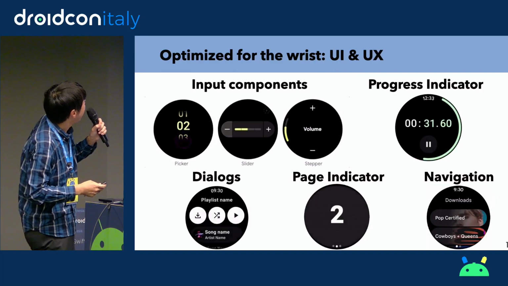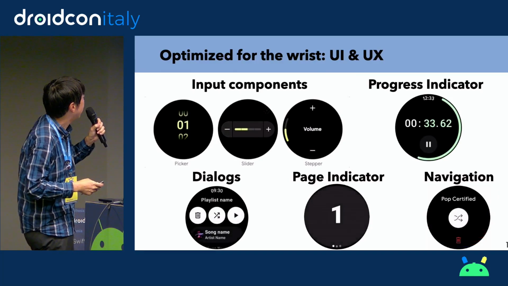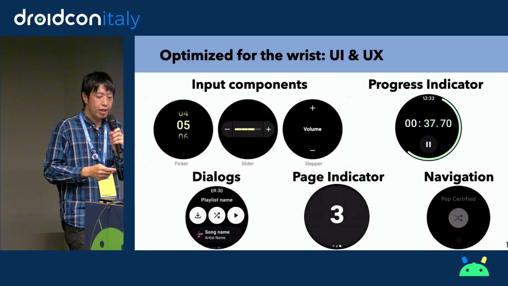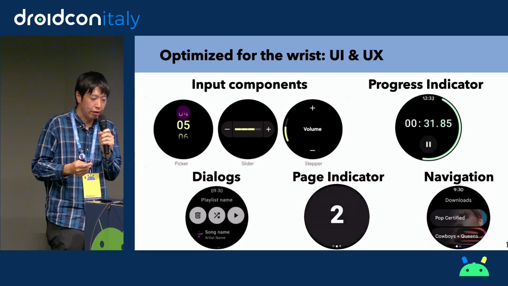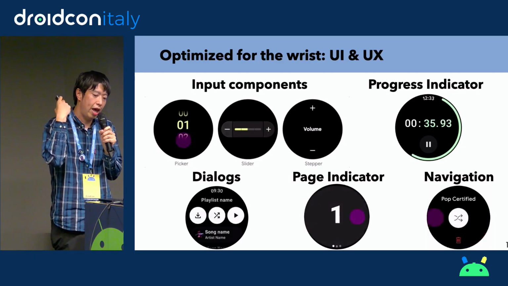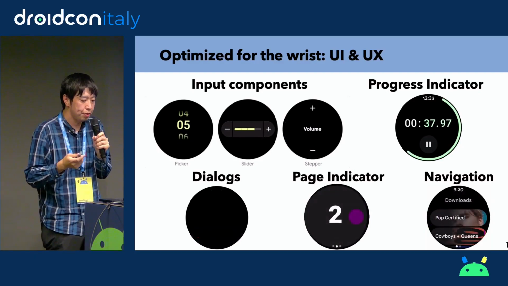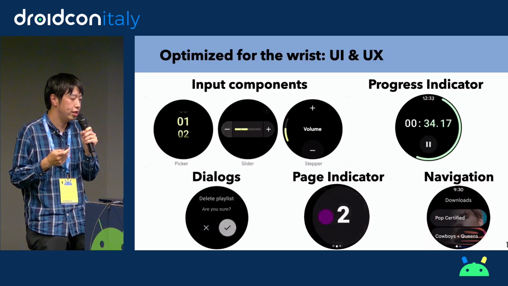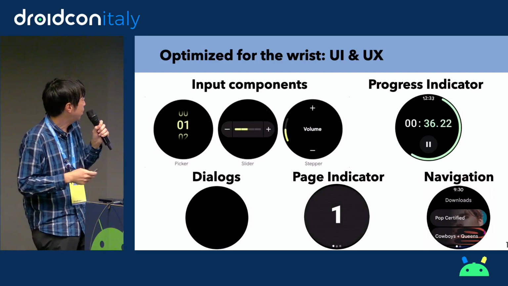In the same way, there are progress indicators, dialogs, page indicators, and navigation. There are some differences, but it's almost the same. But when we develop Wear OS apps, we have to take care about these differences and behaviors.